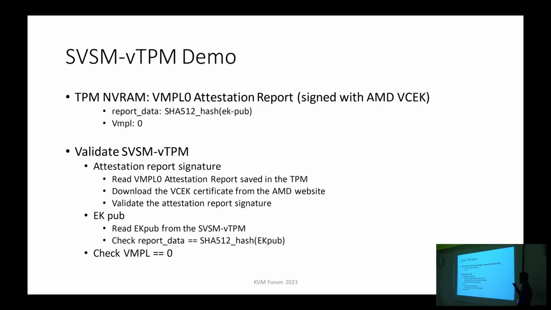We need to make sure that the 64 bytes we use for the hash of the kpub match the hash of the kpub that is available in the vTPM. And we also need to make sure that this attestation report was generated in VMPL 0. In other words, it was generated by the SVSM.